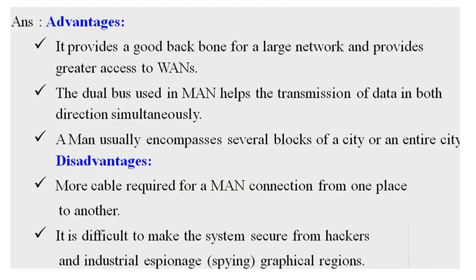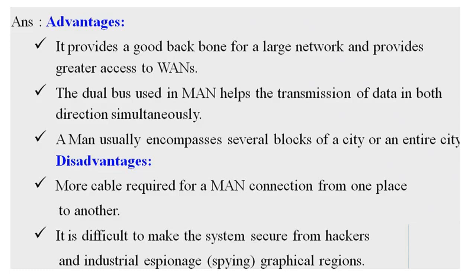Now we are going to learn about the advantages and disadvantages of the metropolitan area network. Coming to advantages, it provides a good backbone for larger networks. Here a dual bus will be used in the metropolitan area network. Why is there a dual bus? To transmit the data in both directions simultaneously.